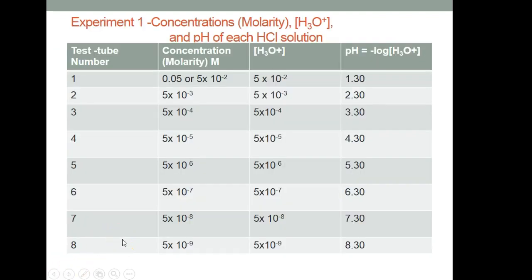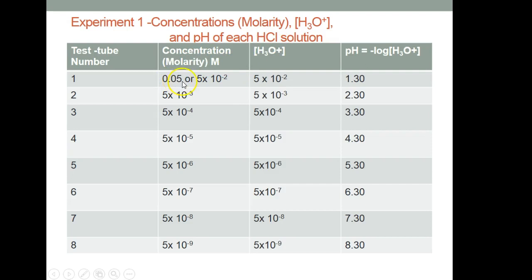So the first experiment starts with taking 0.1 molar HCl solution in a test tube, 5 ml of it, and then adding 5 ml of water, so a total volume of 10 ml. All right, so in that first test tube, the concentration of the HCl is going to be 0.05.